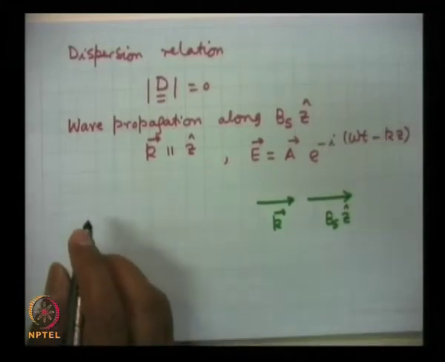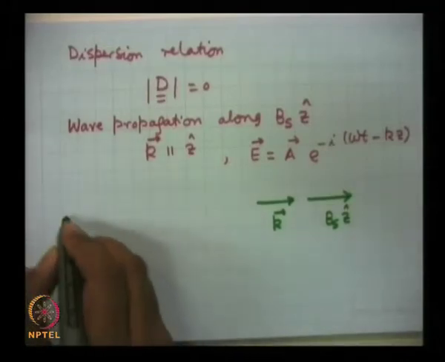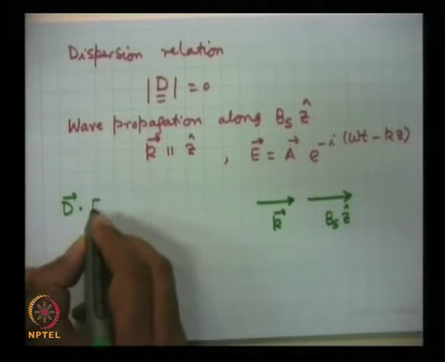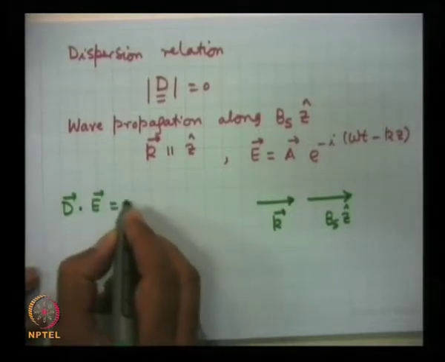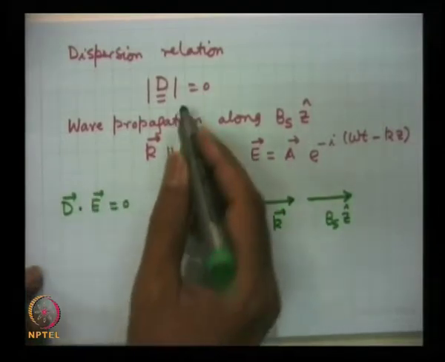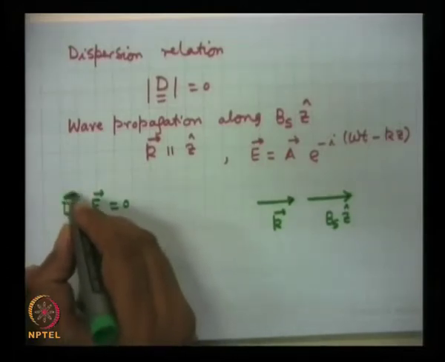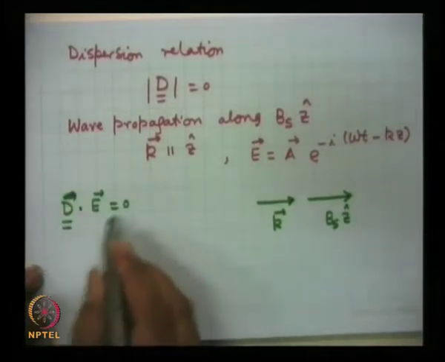The entire information is contained in this simple equation, d dot E is equal to 0. Sorry, this d is not a vector, it is a tensor.